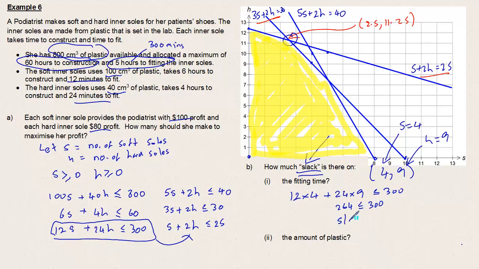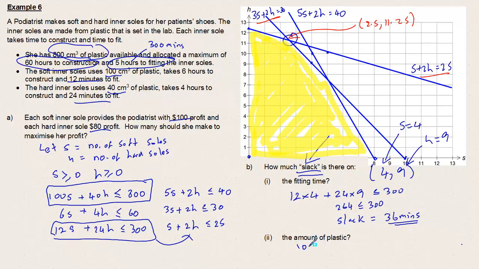The slack is the difference between these two numbers. So 300 take away 264 is 36 minutes. So there'll be 36 minutes of fitting time that won't be being used. Now, if we look at the plastic as well, so this was the inequality for that.